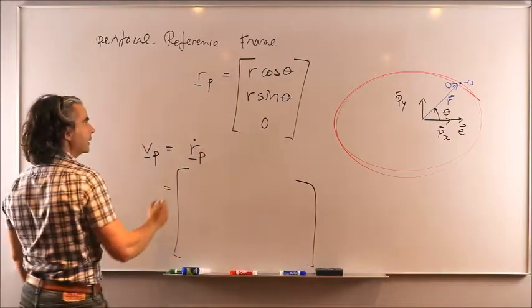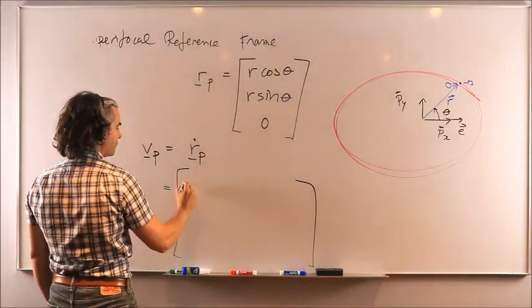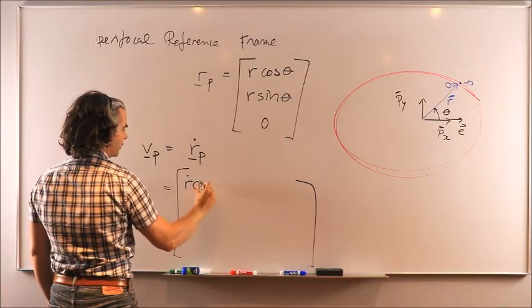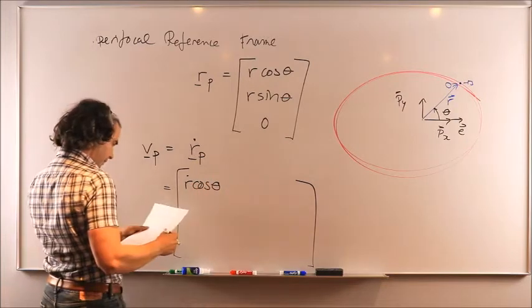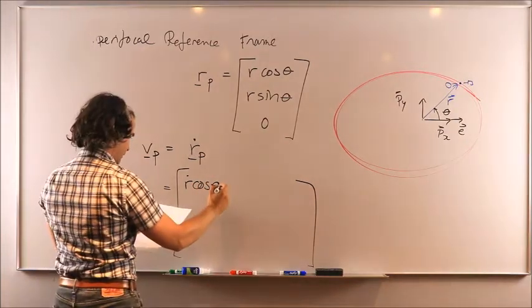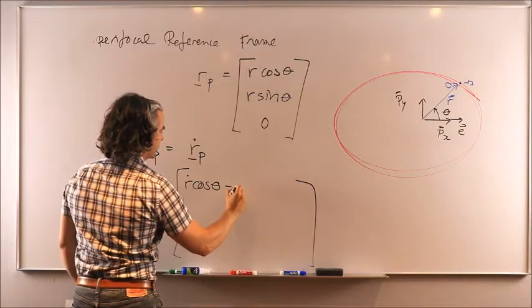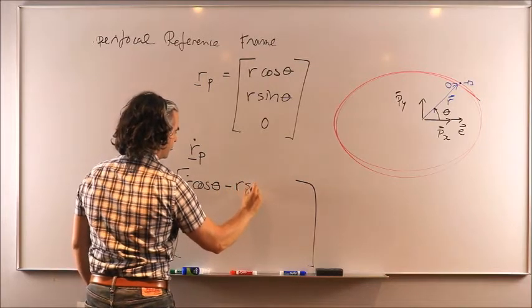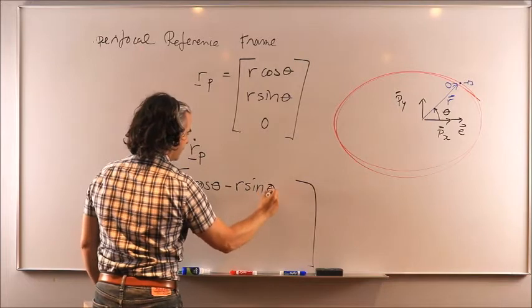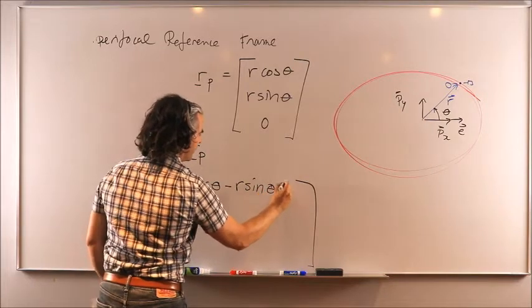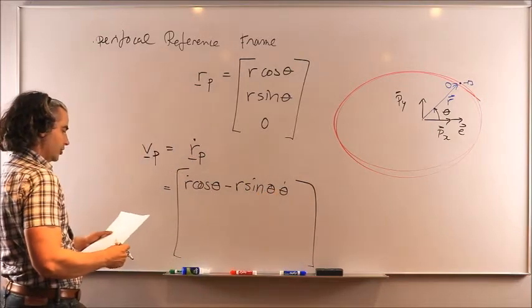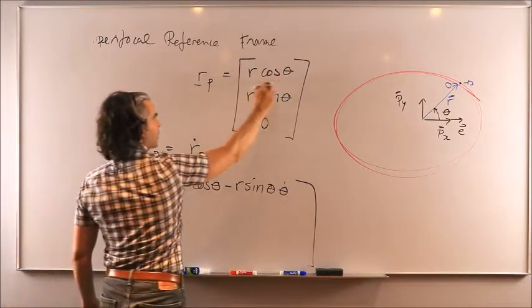to then write that this is going to be r dot cos theta minus r sine theta times theta dot. This is just applying the chain rule to this expression.